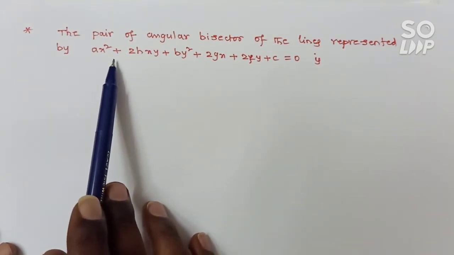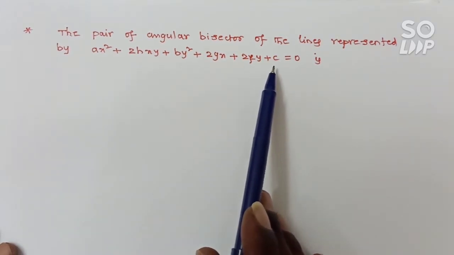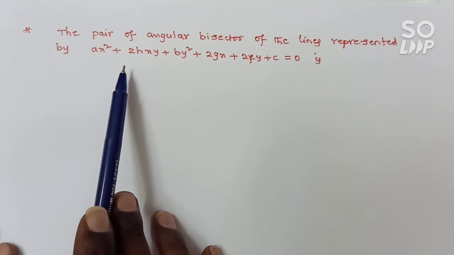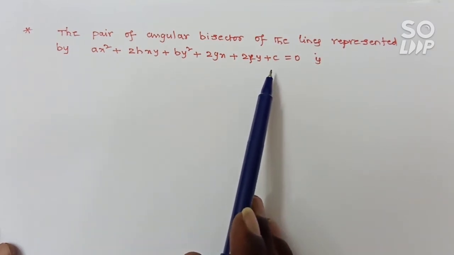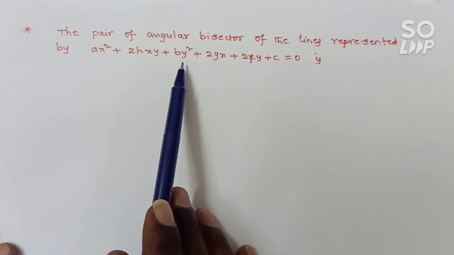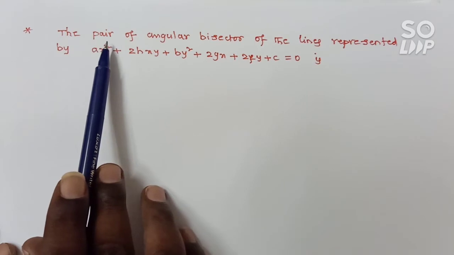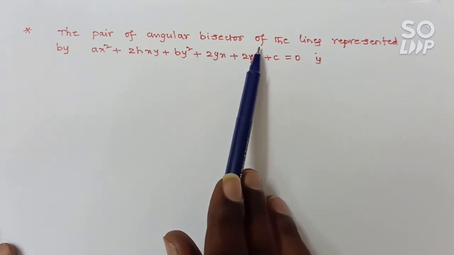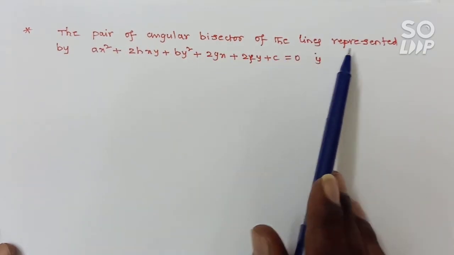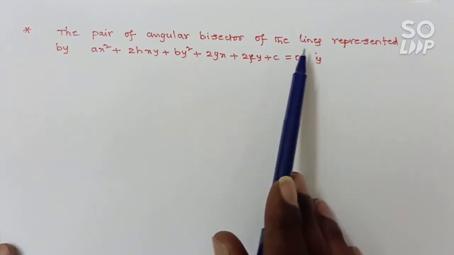We know already the non-homogeneous equation represents lines which do not pass through the origin, if it is a pair of straight lines, right? Now here we want the pair of angular bisectors of lines represented by this equation, so clearly it is the pair of equations.